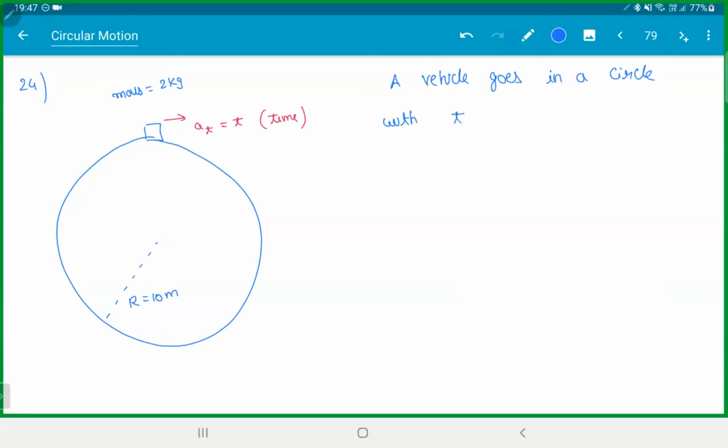with tangential acceleration a equal to t, starting from rest.